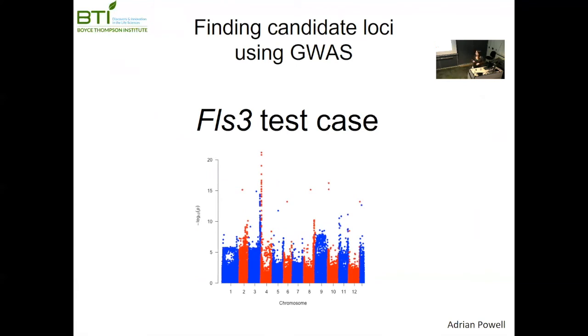And you can tell from the Manhattan plot, he was able to do this. There is a bit of noise, but you see this nice strong peak on chromosome 4. And if you zoom in to where that is occurring, that actually is at the FLS3 locus. So right now, Adrian's working on fine-tuning this, and then he'll be interested in applying this to the new phenotypes that are coming out of the screen.